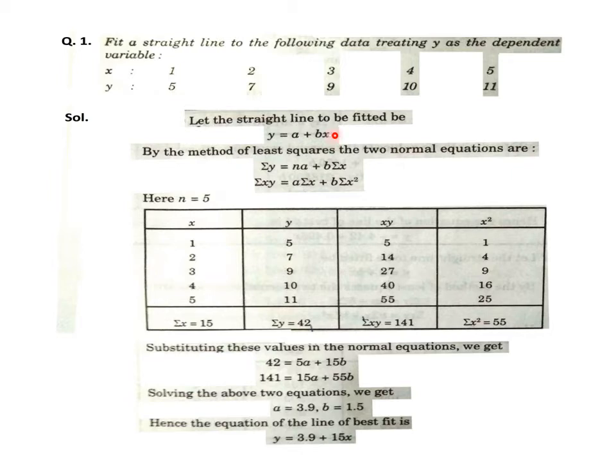The independent variable is x here. So we multiply this equation by x, and x into y, and then sigma is to be taken. So sigma xy equals a sigma x plus b sigma x square. That is how you can create normal equations.